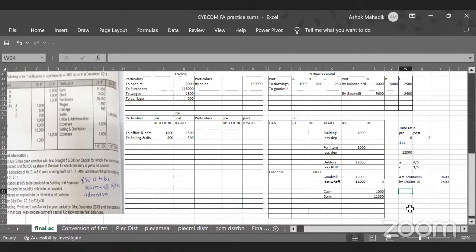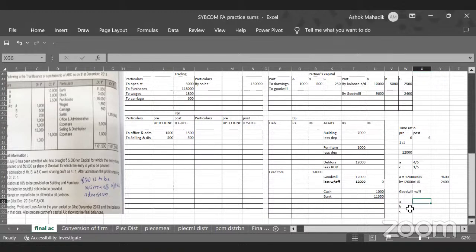So now the Goodwill written off entry. Now we have to write off to the capital accounts of all the 3 partners. The new ratio is given to you in the sum in B's adjustment, 3:2:1.